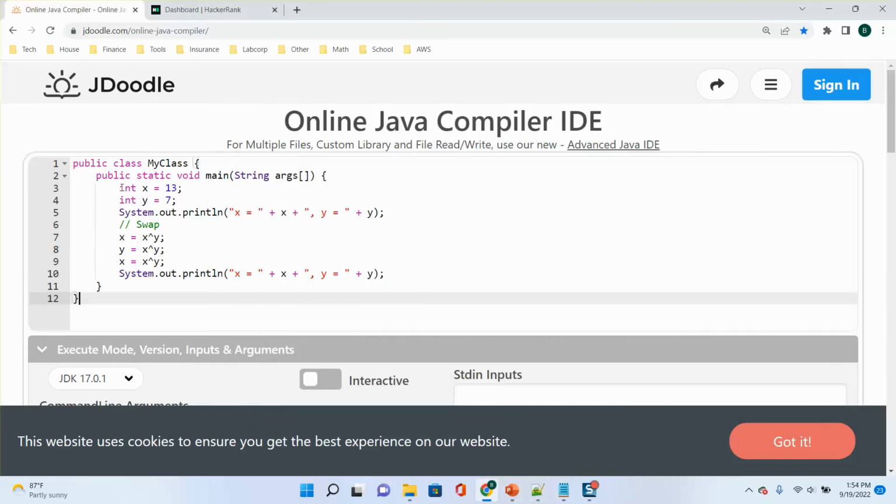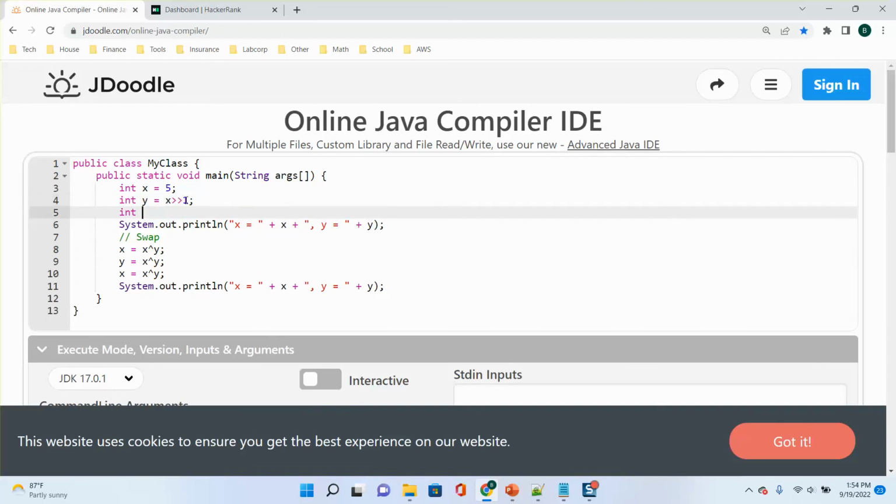Okay. Now, let's say x equals 5, y equals x shifted to the right by 1, and z equals x shifted to the left by 1. So y should be equal to 2, and z equals 10. Right?